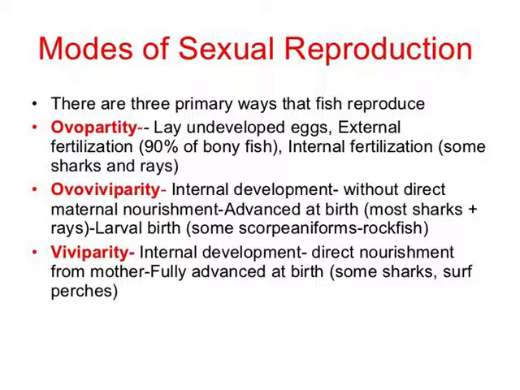So this is basically what humans do. This is what marine mammals do, and some fish will do this, and some sharks will do this. So essentially, development happens internally, and the fetus will get nourishment from the mother. And this is different from ovoviviparity, in which they don't get any nourishment.